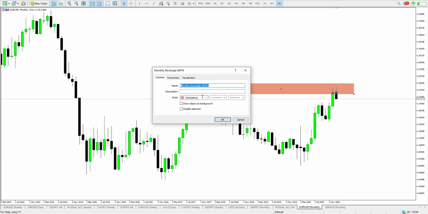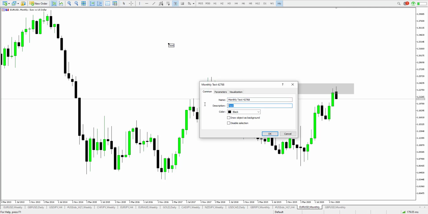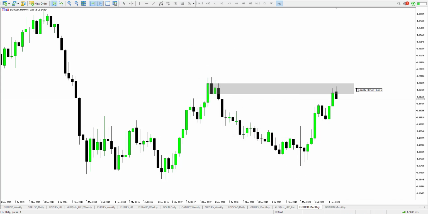I'm going to highlight that price action. We've got our bearish order block. This is where we'll be hunting for short trades on euro, and you can see already how January has rejected this level. We also have buy stops above these highs.